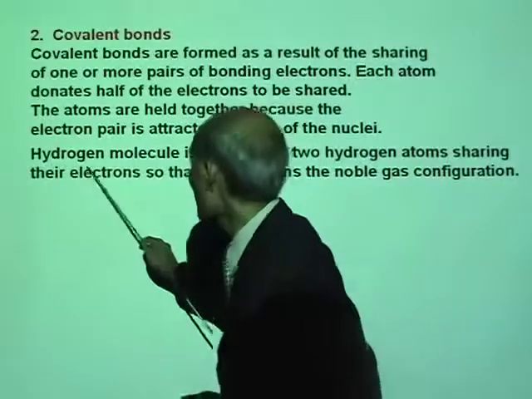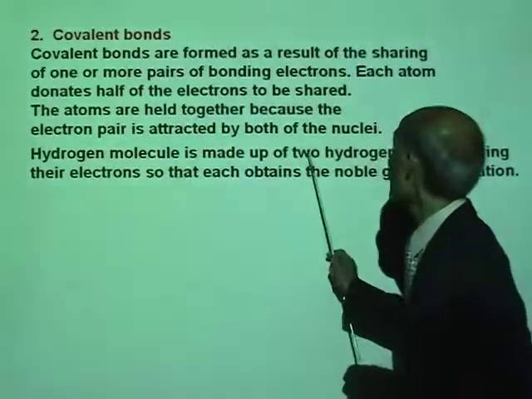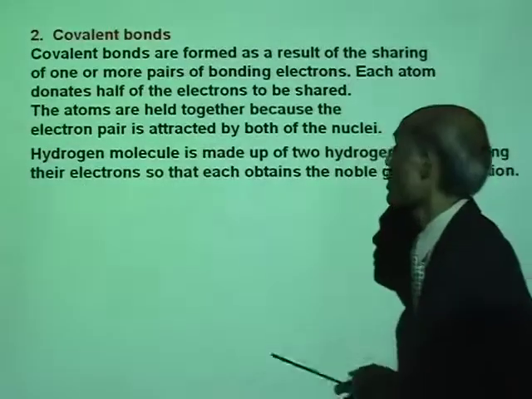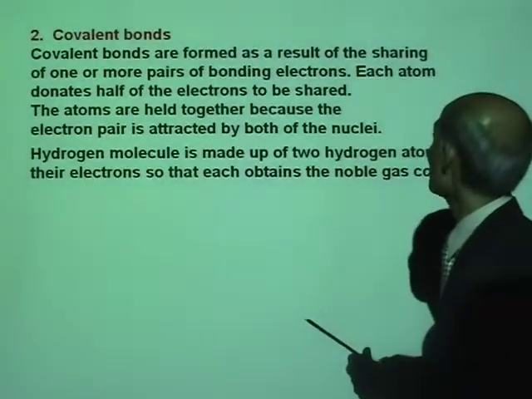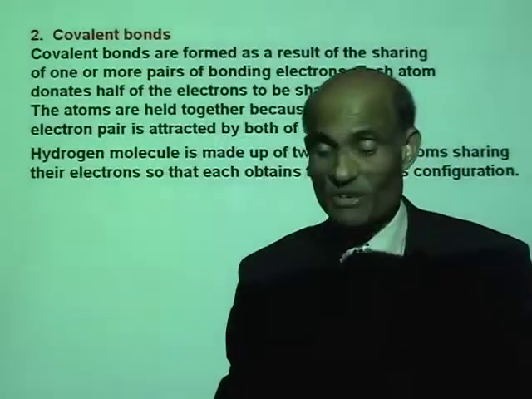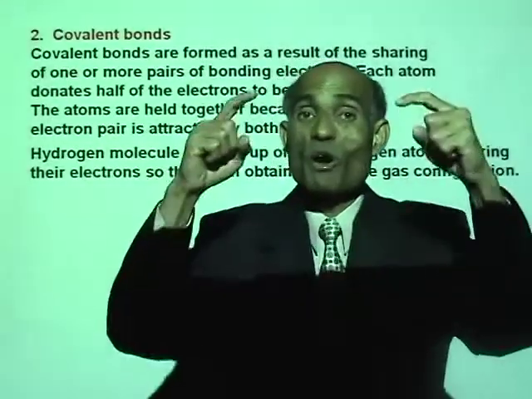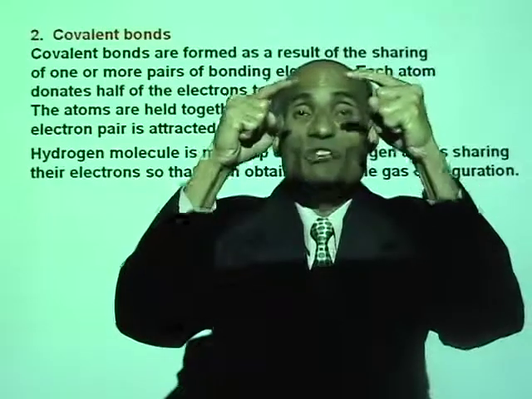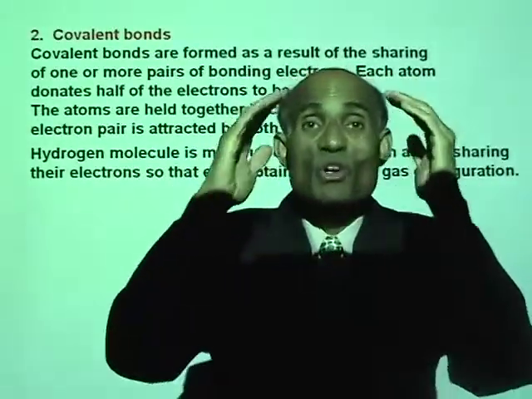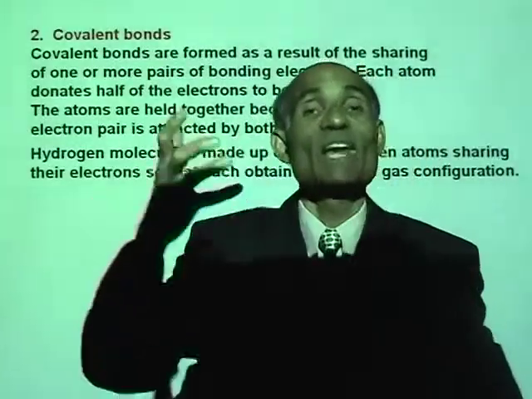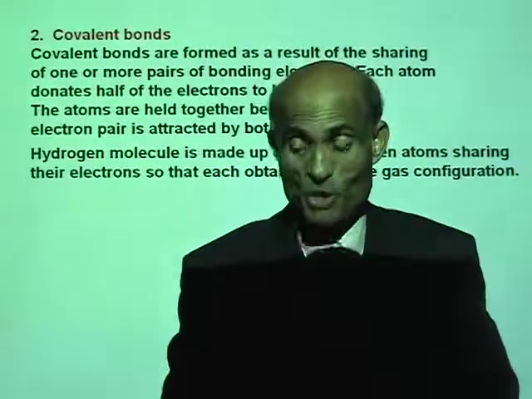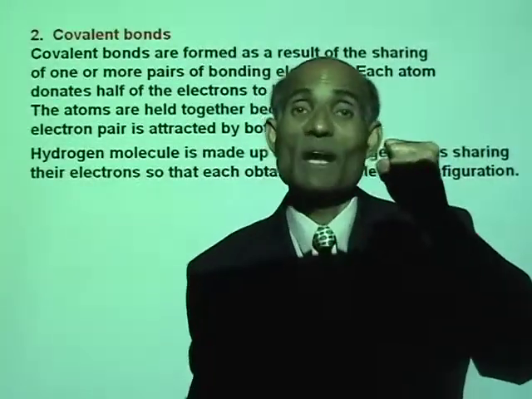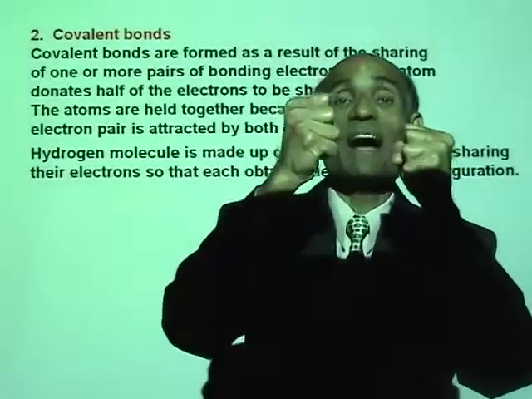So a hydrogen molecule is made up of two hydrogen atoms sharing their electrons so that each obtains the noble gas configuration. Now remember, although the noble gas configuration is 8, 2 electrons in the outer shell is also a complete configuration like helium.